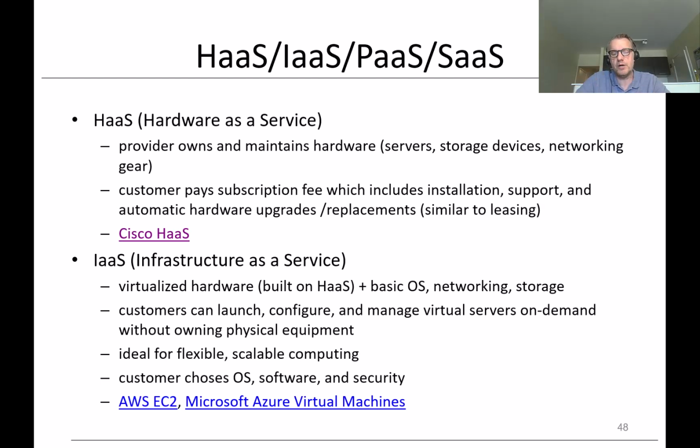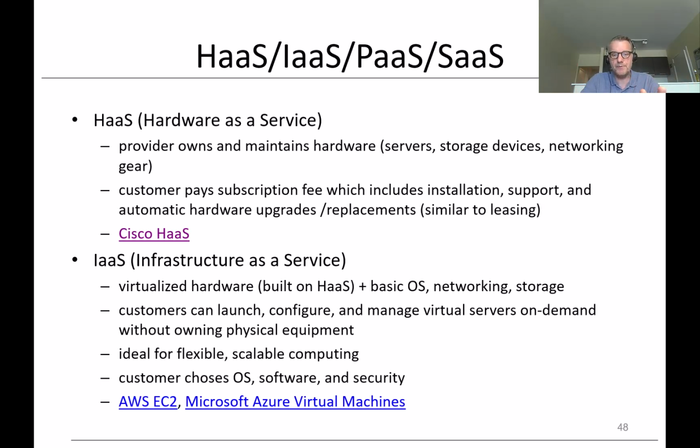So not only hardware, but it also has operating systems that it offers on top of that, networking, storage, and virtualized hardware. That means that customers, me myself from my laptop, I can actually launch, configure, and manage a virtual server provided by an infrastructure as a service provider on demand without owning physical equipment.